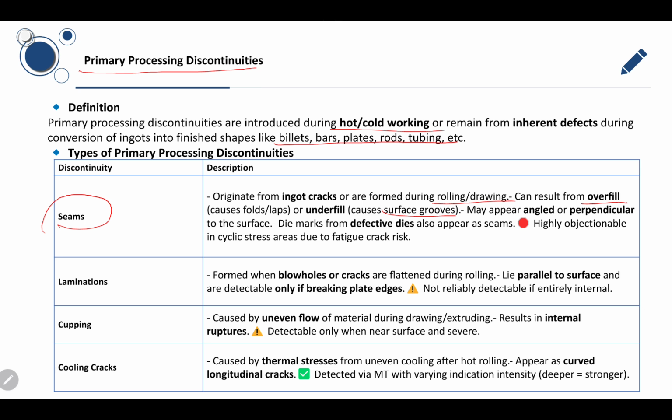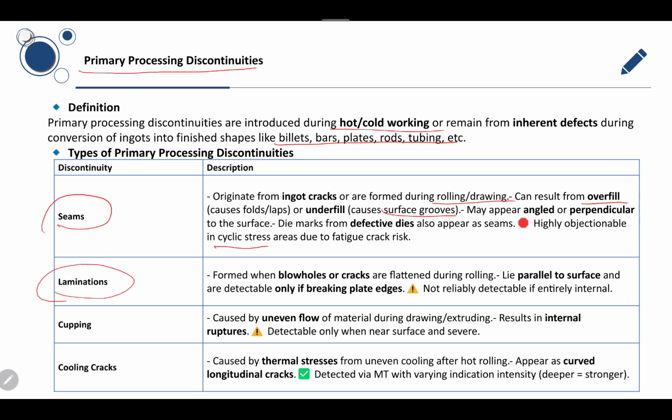Sometimes die marks from defective dies can also appear as seams. Seams are particularly objectionable in areas subject to cyclic stress because they significantly increase the risk of fatigue cracks.